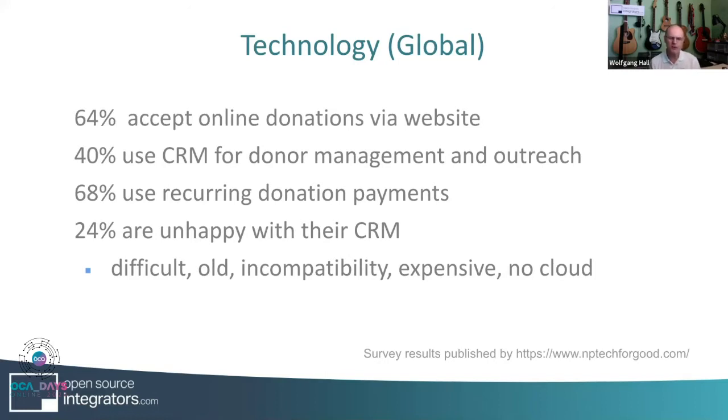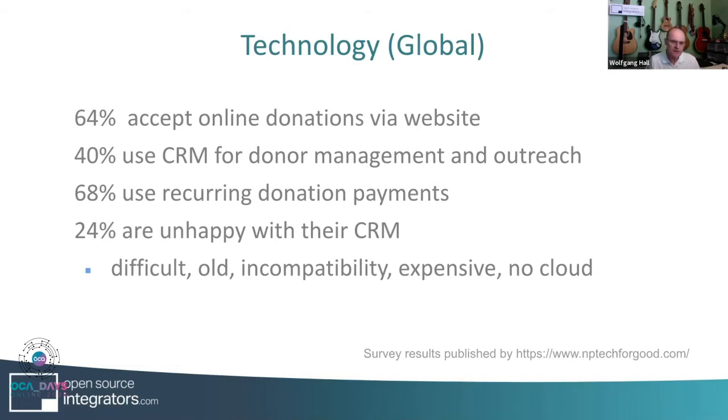Also 24%, a quarter, are really unhappy with their CRM. They say it's difficult to use, it's outdated, it's incompatible with other systems, it's expensive, there's no cloud access. So people are not really happy.